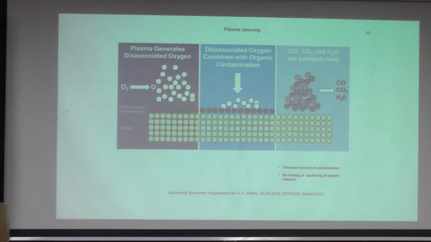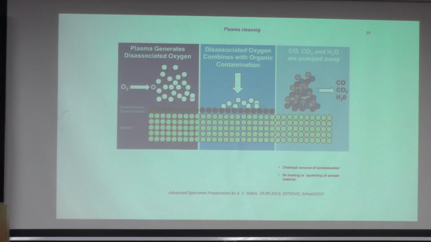Also some words on requirements for TEM work. Your specimen and your specimen holder should be as clean as possible. The problem is that you have a high vacuum system, and it's not a good idea to bring dirt to the system because you cannot easily clean it by yourself. You need a manufacturer.